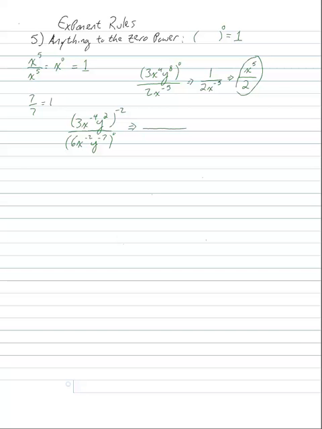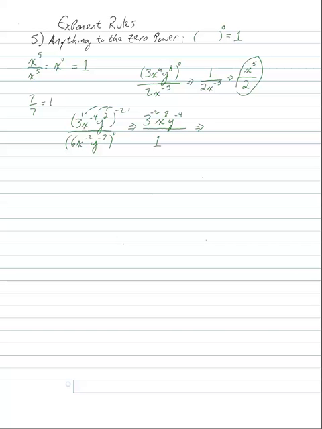I have 3x to the negative 4, y squared, raised to negative 2, so I'm going to take that negative 2 and distribute it to all my exponents. So it's going to be 3 to the negative 2, then x to the 8, y to the negative 4. And my denominator, oh, it's raised to the 0 power. That means that entire parentheses is just 1.